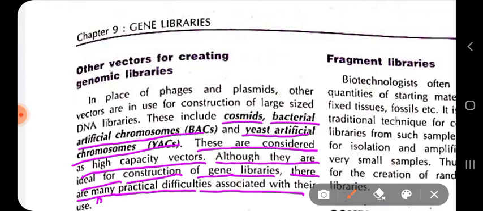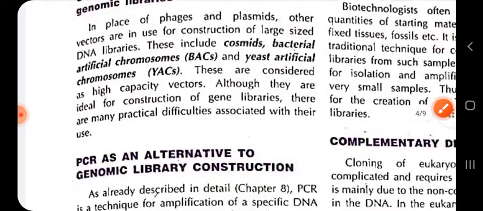For example, transfection: after you have ligated your desirable DNA fragment with these vectors like cosmids or yeast artificial chromosomes, transfection is a little bit difficult. That means if you want to introduce this recombinant vector into the host bacterial cell or target cell, it will be rather difficult because of its large size. So the transformation process is difficult.